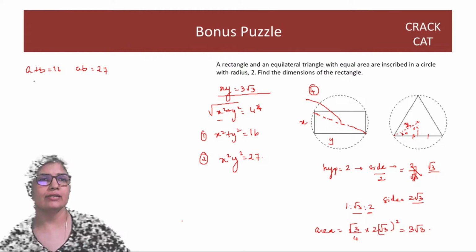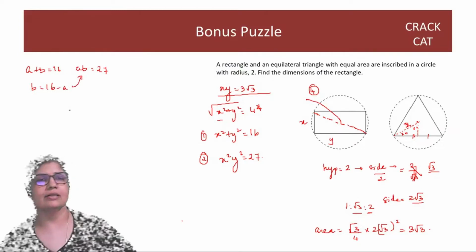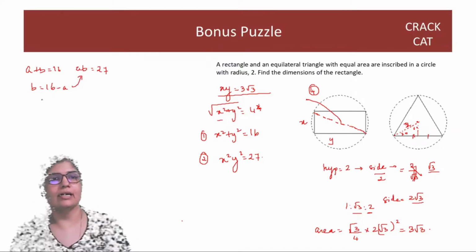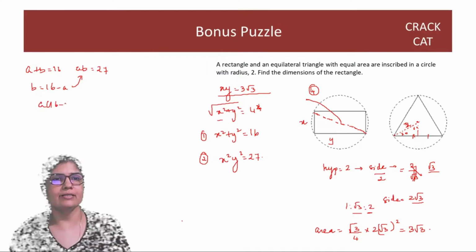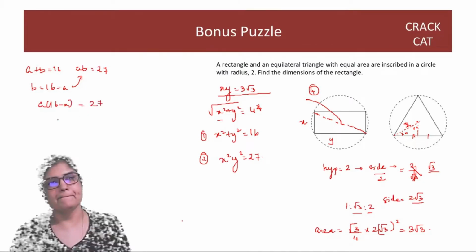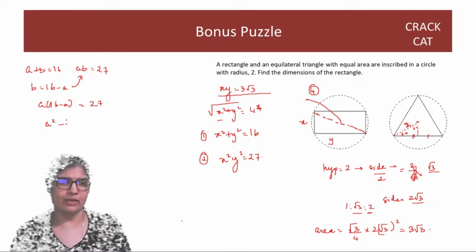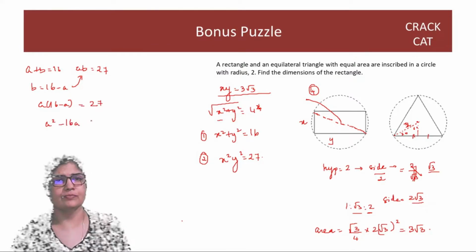So I can write b as 16 minus a, substitute that here, and hence we will get a into 16 minus a is equal to 27. And the quadratic will be a square minus 16a plus 27 is equal to 0.